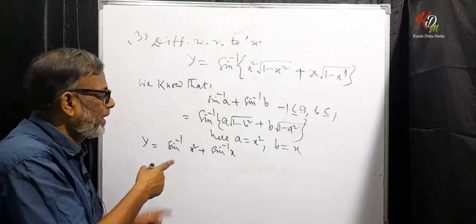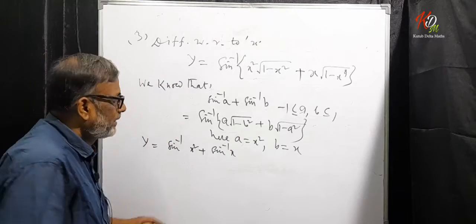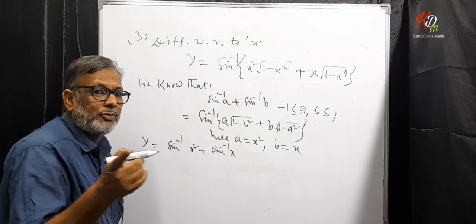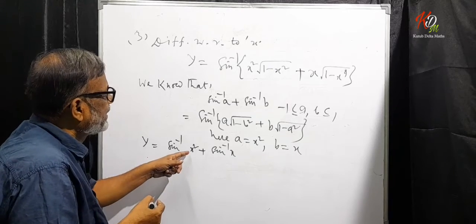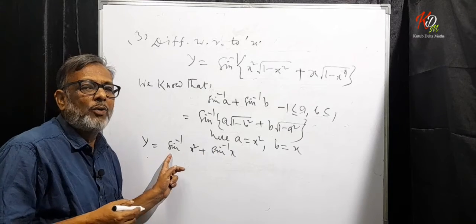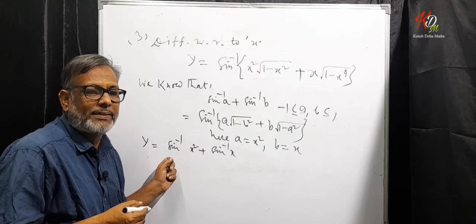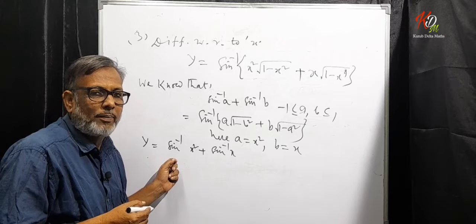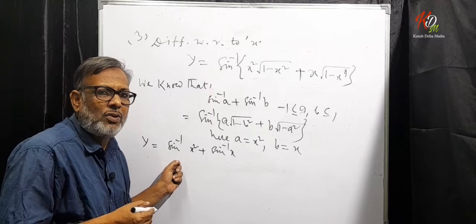Differentiating with respect to x, dear my students, for x square and x, the fundamental formula is d by dx of sin inverse x equal to 1 by root under 1 minus x square, we know.